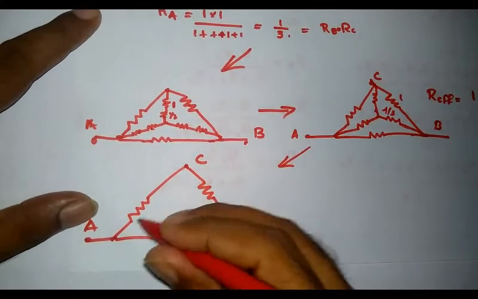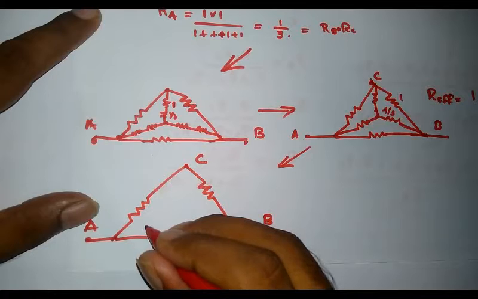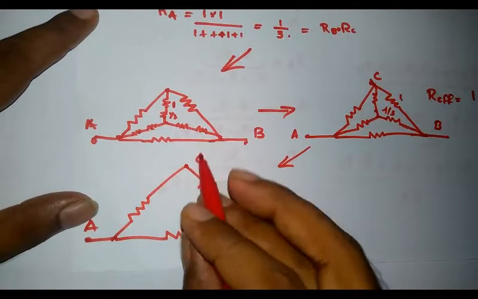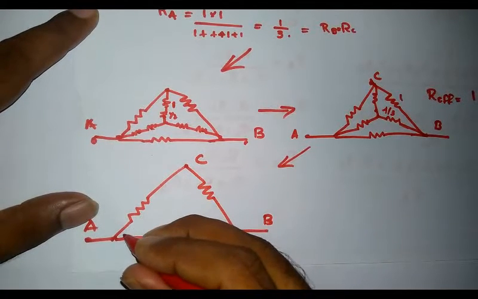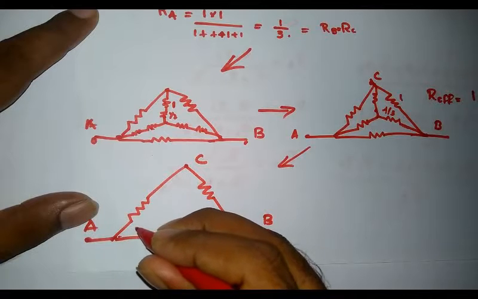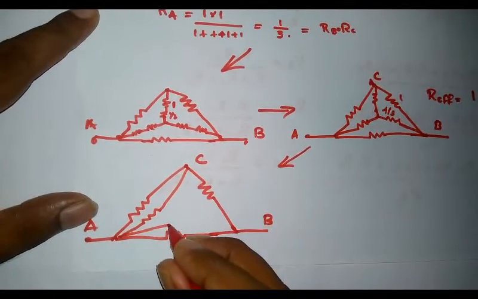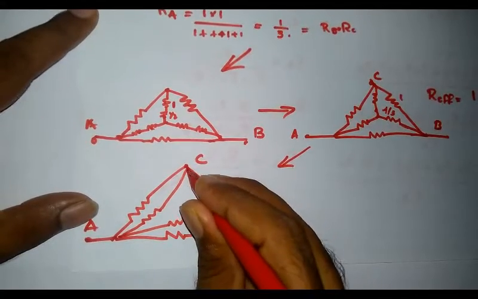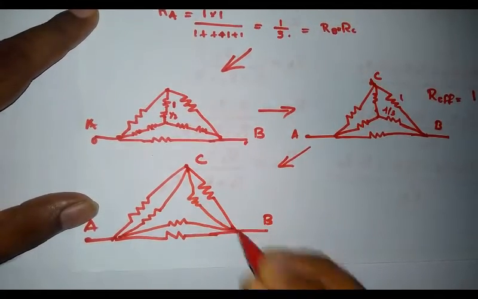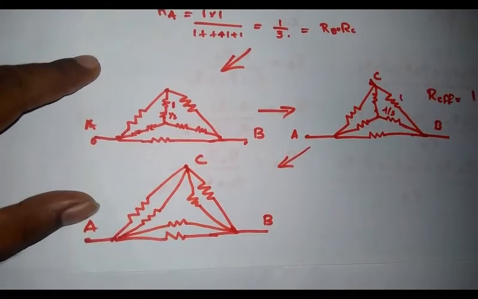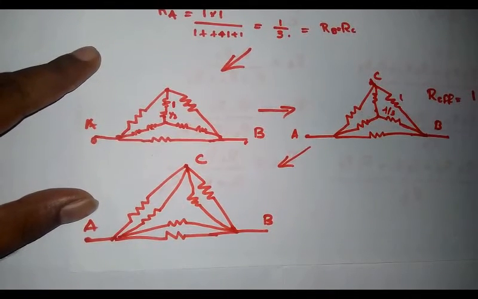The circuit will look like this. This is the equivalent delta of the star consisting of all the resistors 4 by 3.